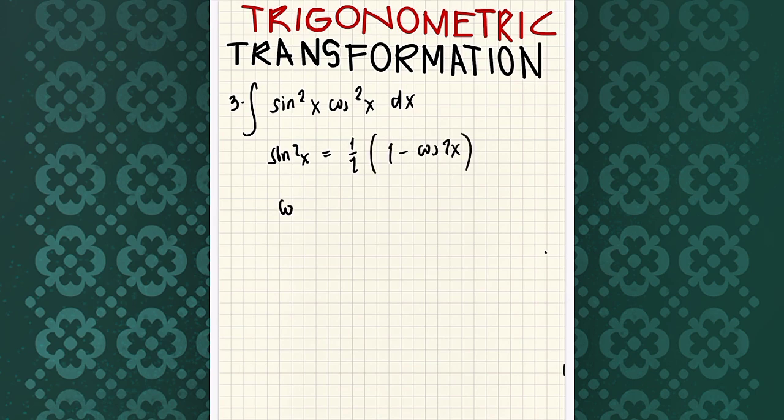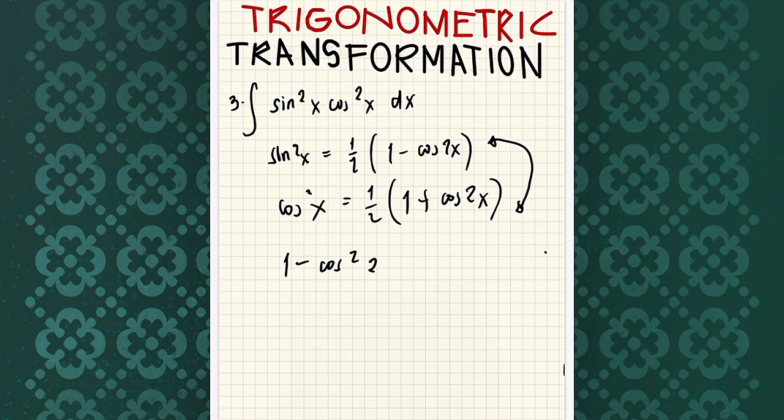For cos squared x, it is equal to 1 half 1 plus cos 2x. If we multiply these two, this gives the answer of 1 minus cos squared 2x over 4, because this is a difference of squares.